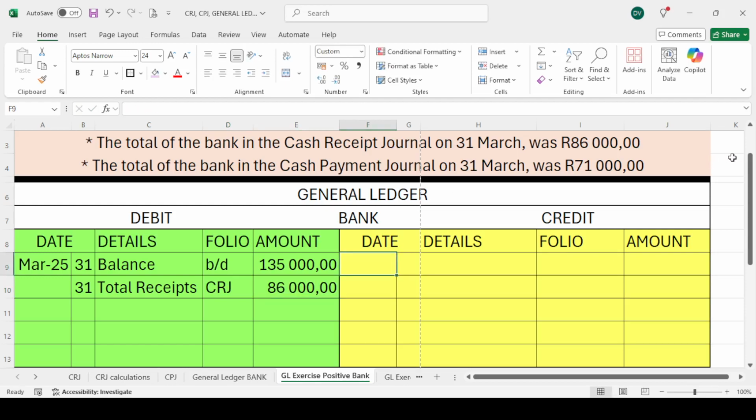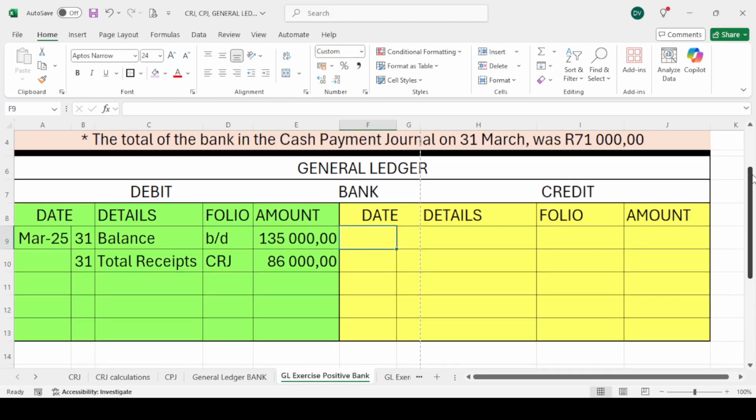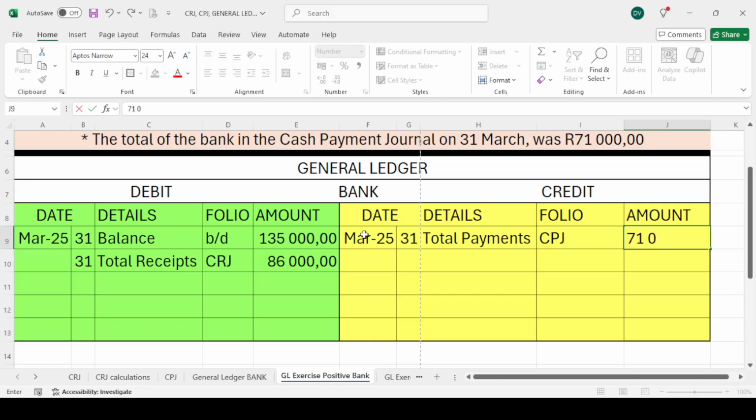The last thing we have to insert is our bank total of our cash payment journal. We are still using March the 31st. We call it total payments. Where did it come from? It came from our CPJ. And we insert the amount of 71,000 Rand.